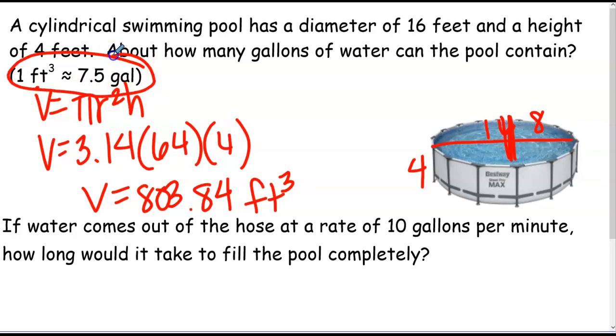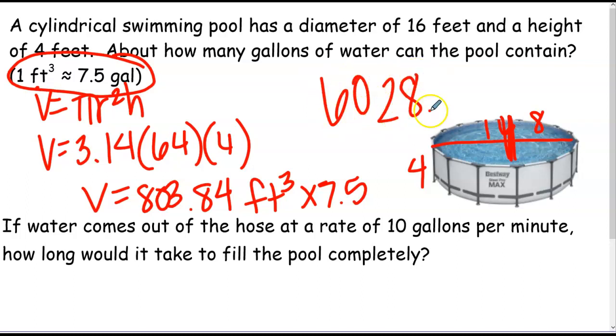So if 1 foot is 7.5 gallons, I know that the rest is going to be, so I'd have to take that times 7.5. So 803.84 times 7.5. So I get a total of 6,028.8. That would be gallons of water. That's a lot of water.